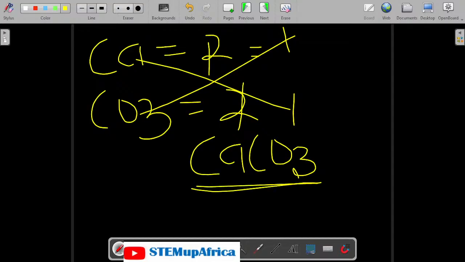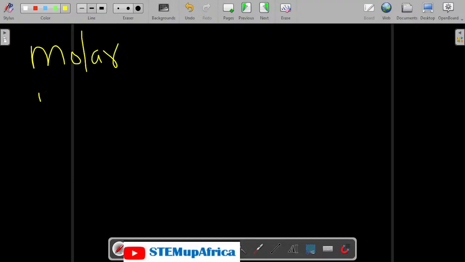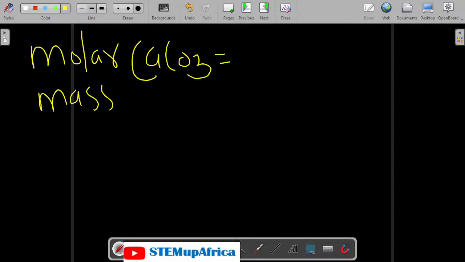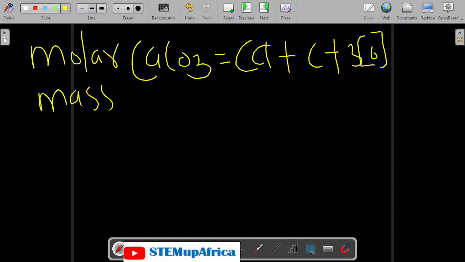So for me to find the molar mass of CaCO3, like I said earlier, it is the sum of individual atoms. I'm having Ca plus C plus 3O, because we have 3 oxygen here.